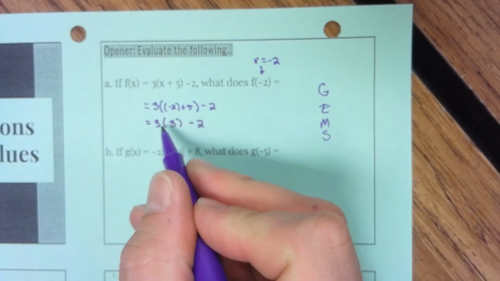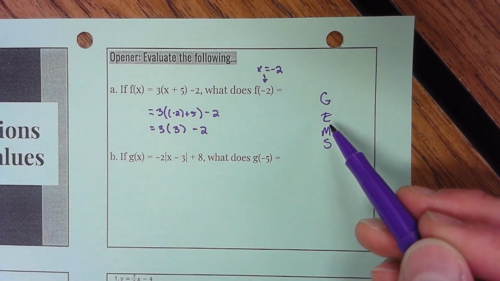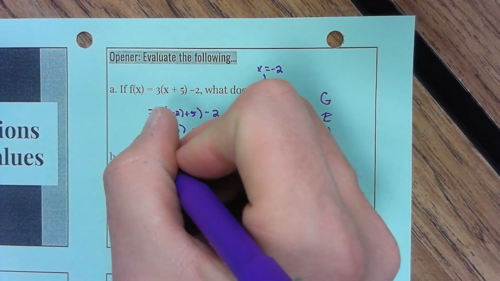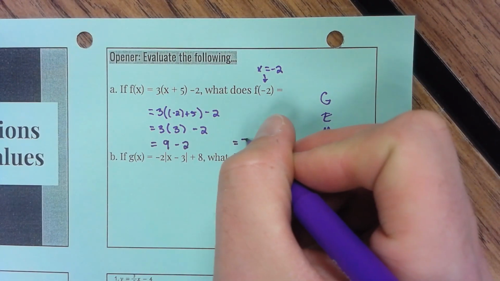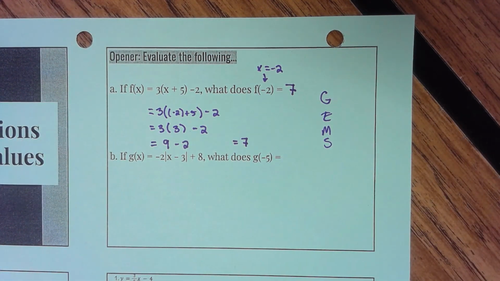Then, if I have a number outside of parentheses, that's multiplication. So I did my grouping symbols. I don't have any exponents. Now I'm on the multiplication, where I'm going to do 3 times 3, which is 9. And then 9 minus 2 gets me to 7. So f of negative 2 equals 7. So when x is negative 2, we get a y value of 7. Or if there's an input of negative 2, the output is 7.